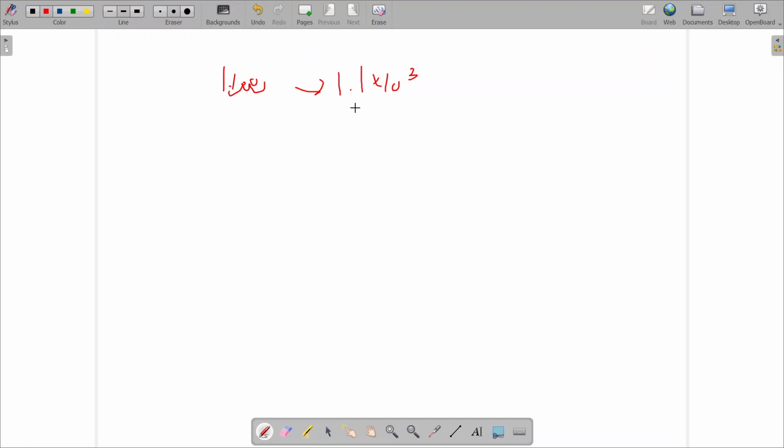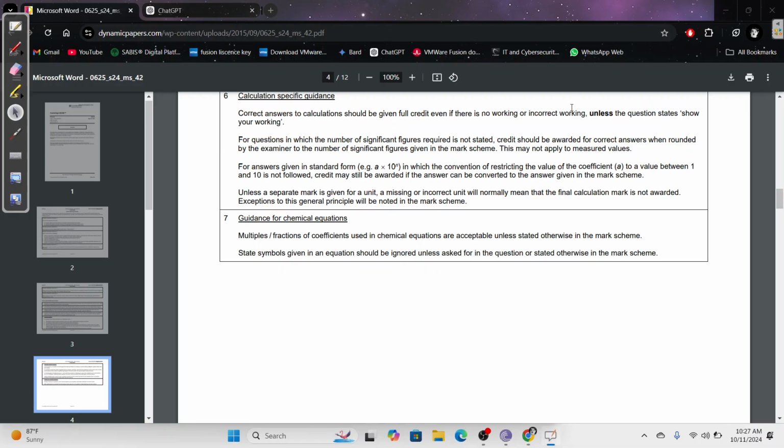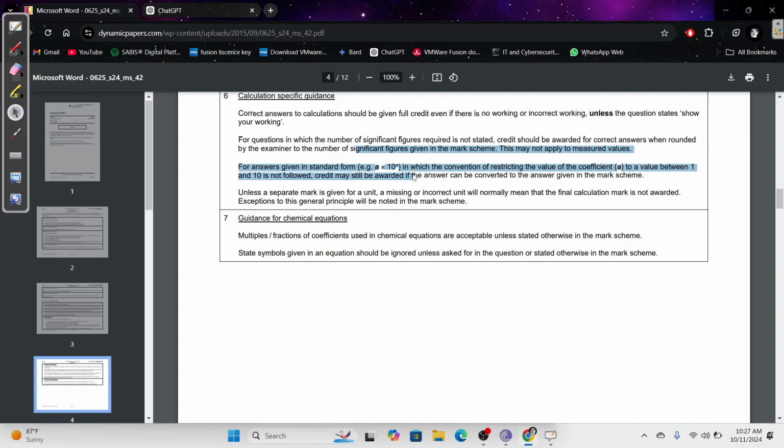But if you wrote 11 times 10 to the power of 2, they'll accept it as correct. They'll give you a mark. Or if you write 0.1 times 10 to the power of 4, it's fine. They're all awarded answers.